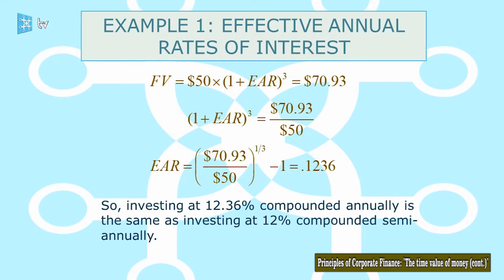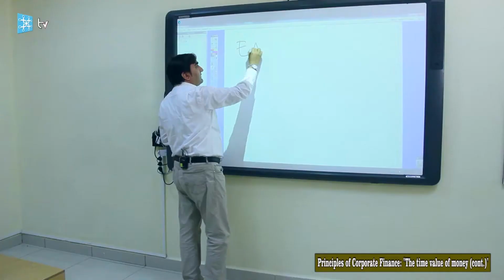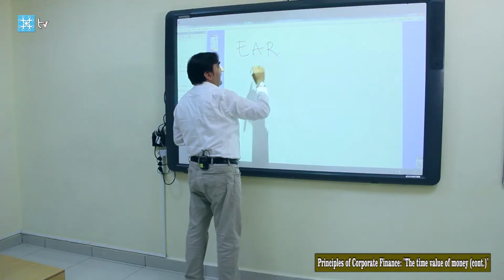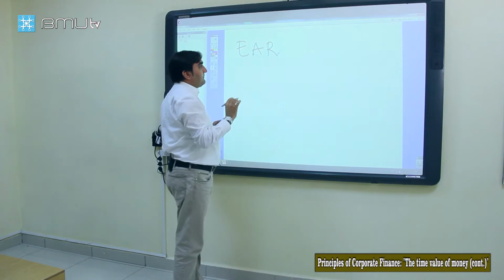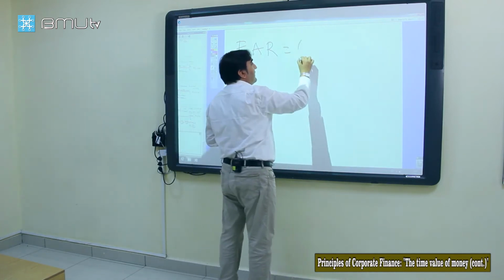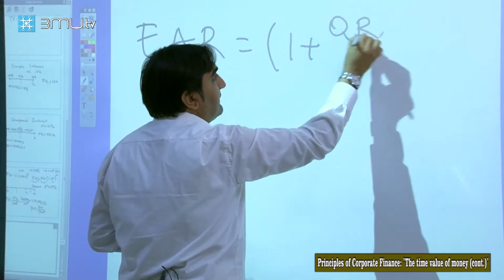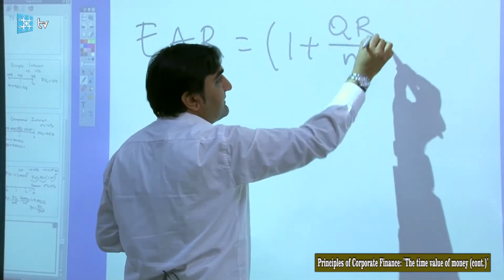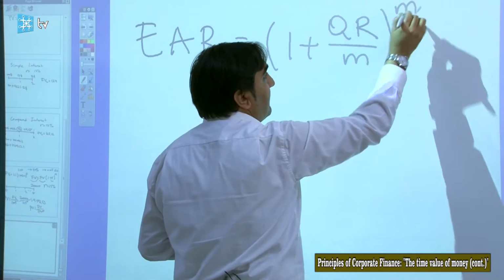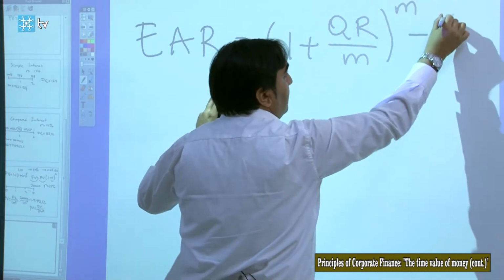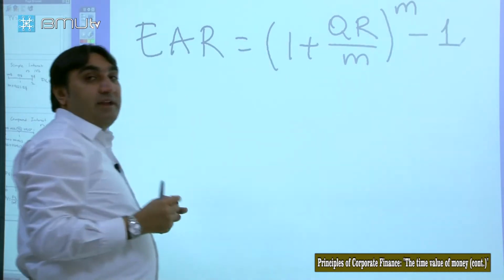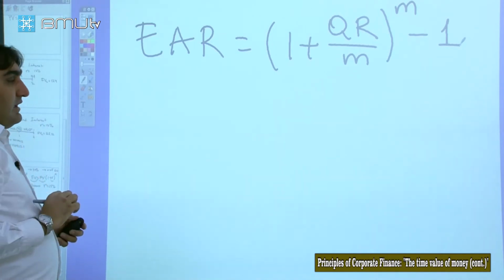Or in another way, we can calculate the effective annual rate as 1 plus the quoted rate divided by the number of periods, to the power of the number of periods in a year, and we subtract 1 to get the effective annual rate.